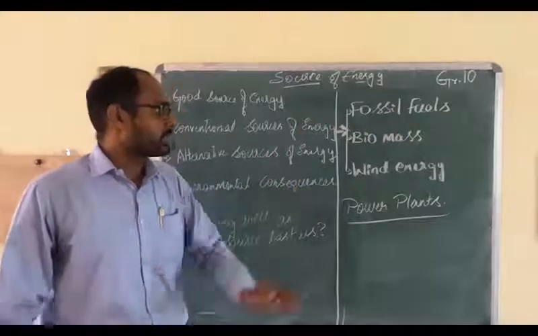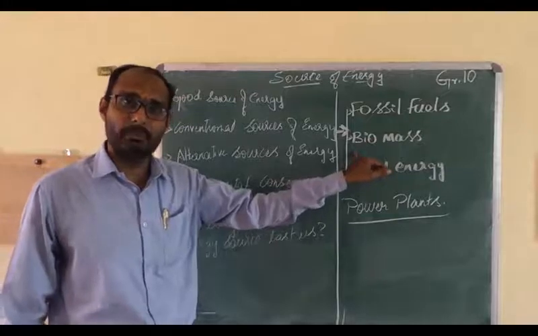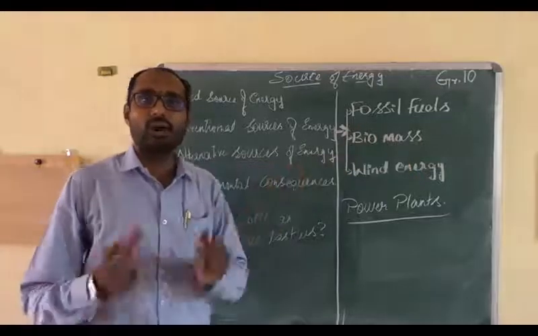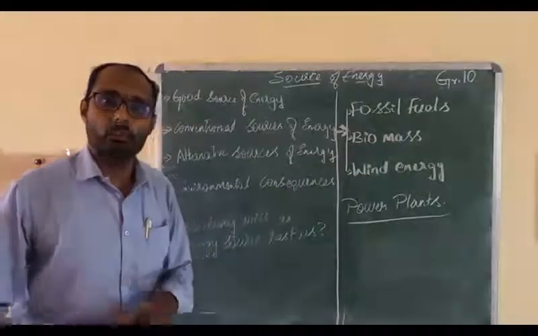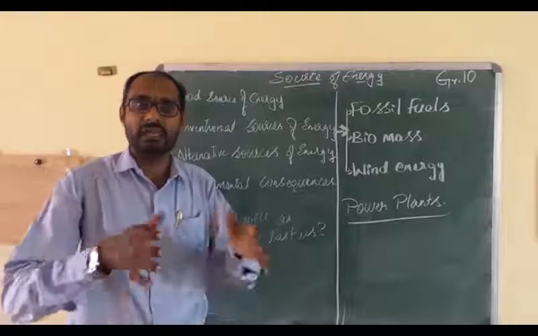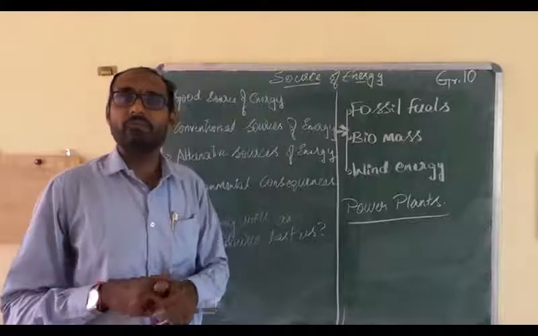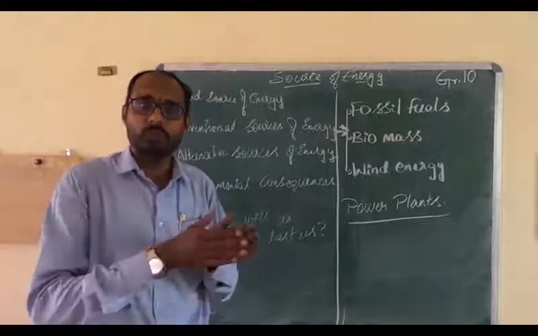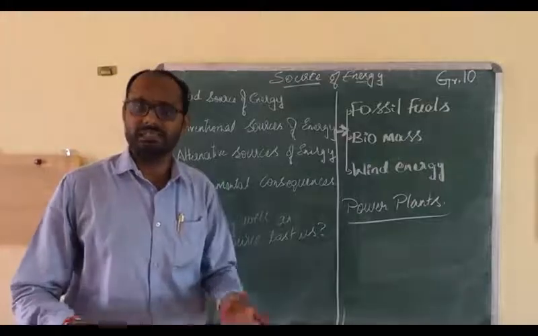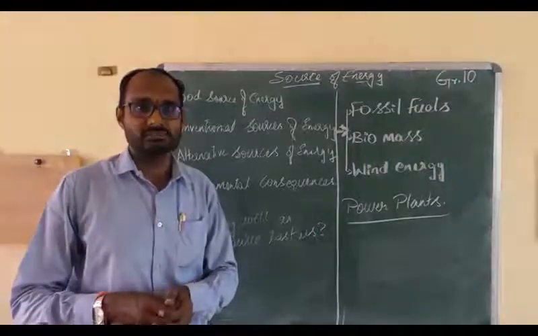Now coming to biomass. The name itself suggests it: bio means life, mass. All the waste materials of plants and animals are kept in a closed container, and we allow them to break into their constituent elements either naturally or by adding some chemicals.